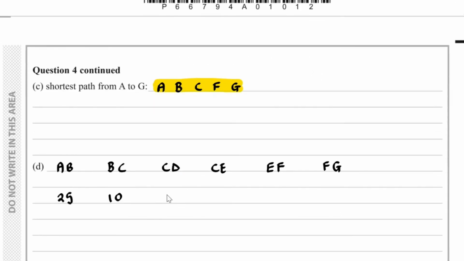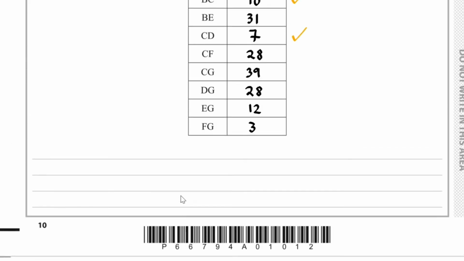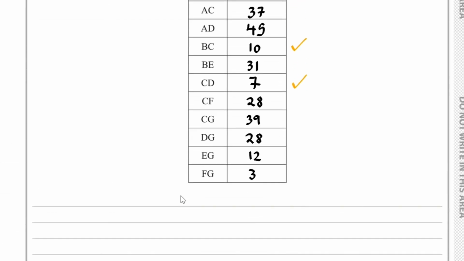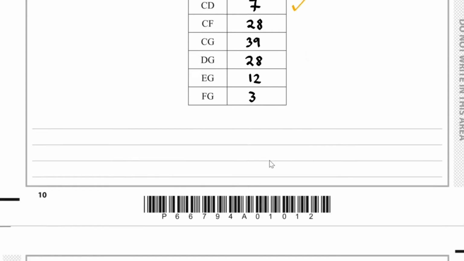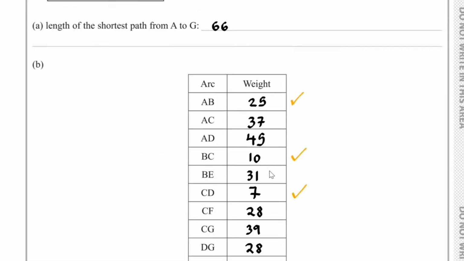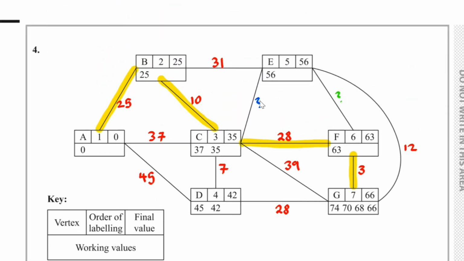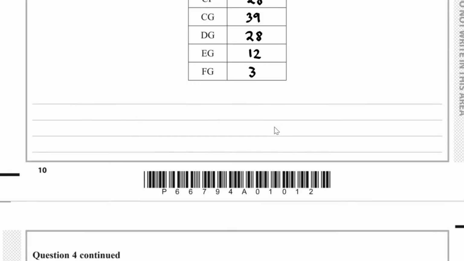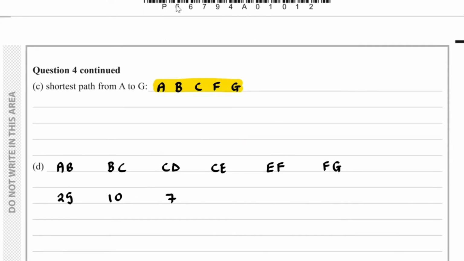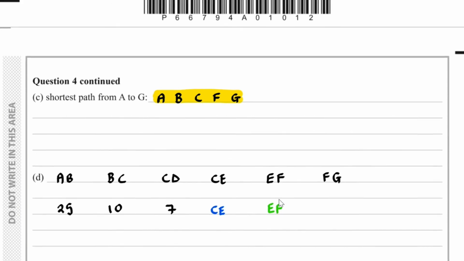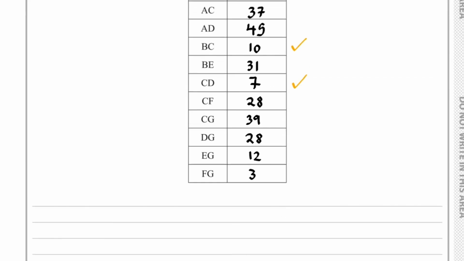So I have 7 here. CE, do I know what that is? Well, I don't, so I put in a question mark here. So CE, don't know that. And I don't know the weight of EF either. But then FG, I know FG is 3.